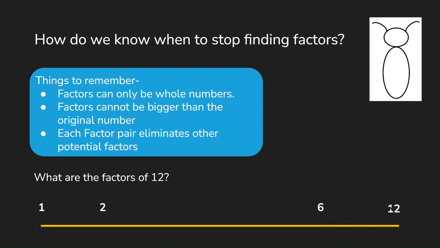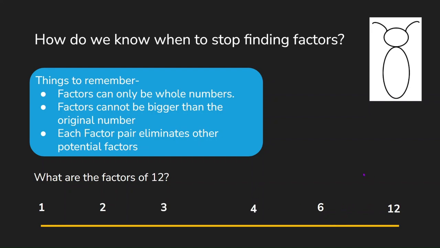All of those numbers are not going to be factors, because there's no smaller whole number to multiply by to get something in between these two. So 2 and 6 has eliminated the numbers between 6 and 12. So 7, 8, 9, 10, 11 are not potential factors anymore.